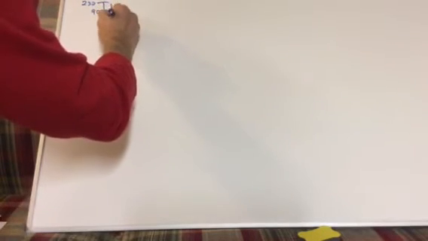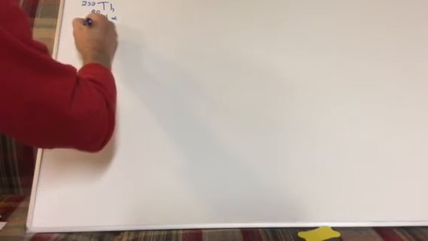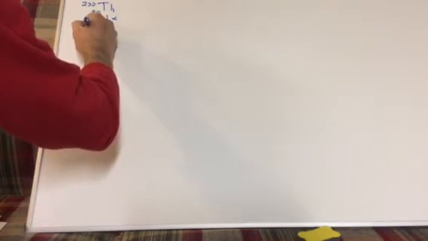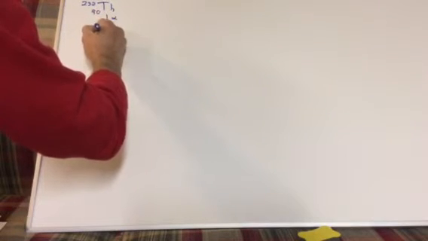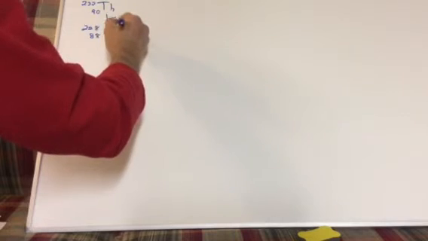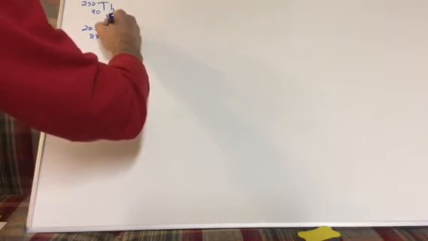Now, thorium-232 will go through an alpha decay. Remember, alpha decay is a helium nucleus, so it's going to lose 4 in terms of atomic mass and 2 in terms of atomic number. You look on the periodic table, and you see that that is radium.